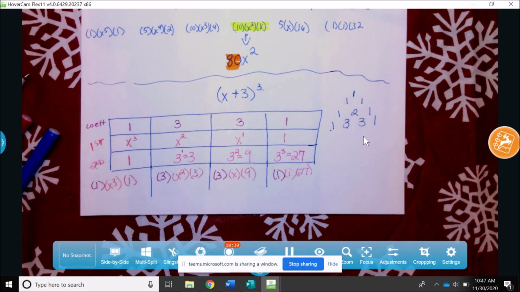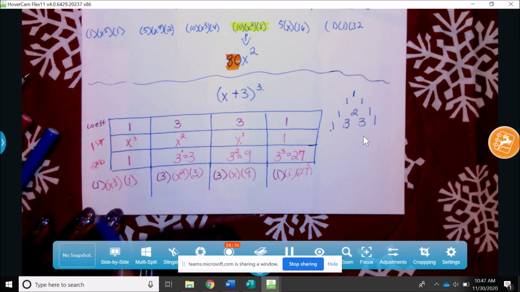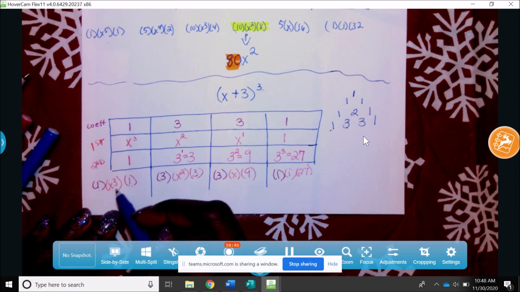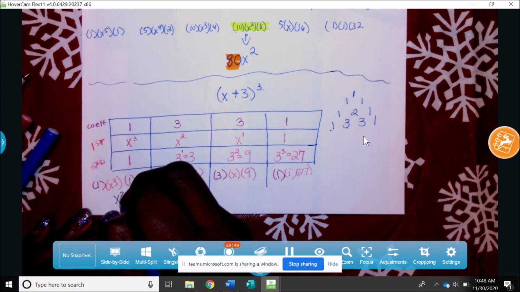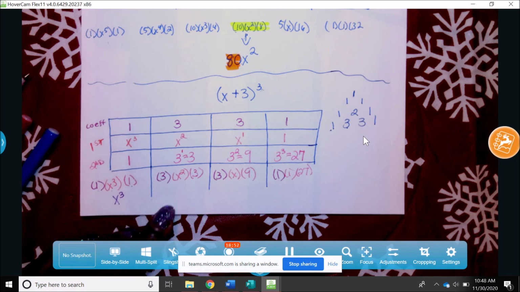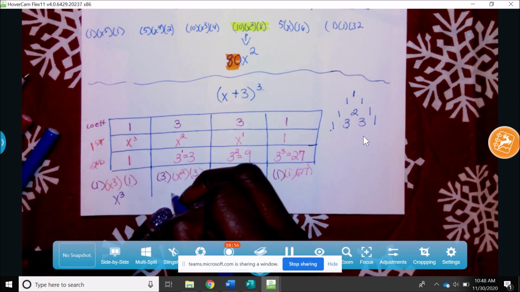Okay, now I can multiply. You multiply the numbers together, and then you typically write your variables down with their exponents. If there's more than one variable, you write them in alphabetical order. So 1 times 1 gives me 1, and then x to the third. So typically we don't write the ones, and we just leave the x to the third by itself. 3 times 3 is 9.